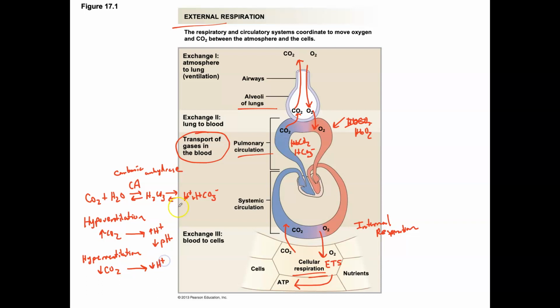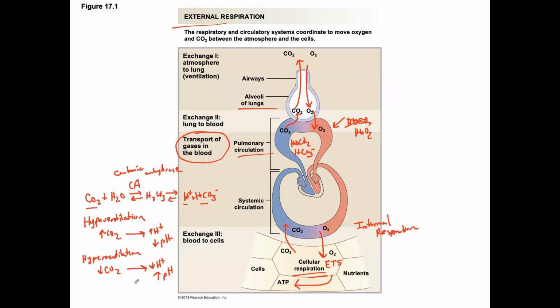As those hydrogen ions combine with bicarbonate, we're going to get more carbon dioxide to replenish the CO2 that we're blowing off. So hyperventilation decreases CO2, so we need to make more CO2. That thus decreases our hydrogen ions, which will increase our blood pH and lead to alkalosis. So we can use hypo and hyperventilation for homeostatic balance of pH.